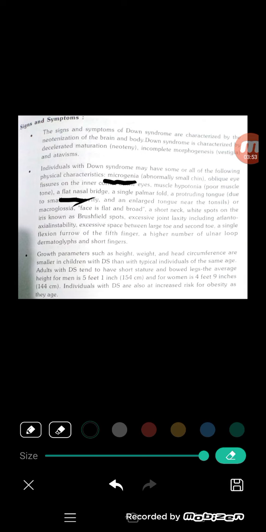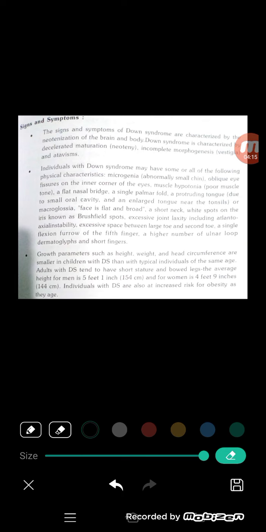Other characteristics include a fifth finger abnormality, short fingers, and a sixth finger also. These characteristics are present in the body with Down syndrome.